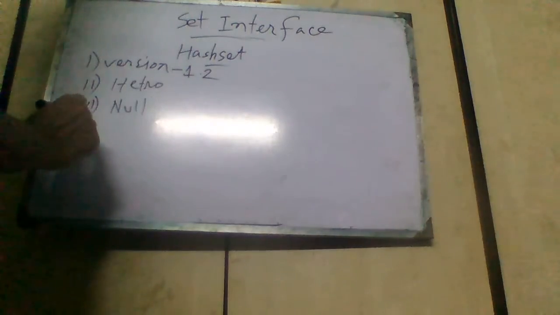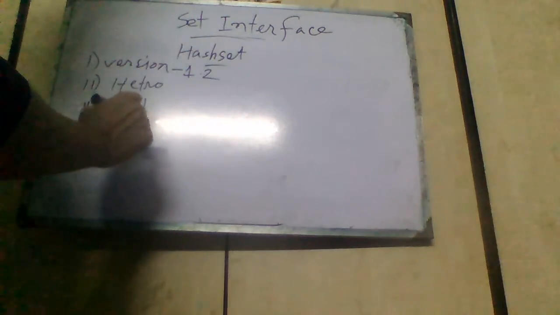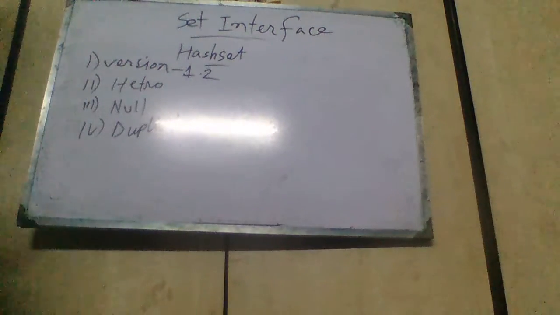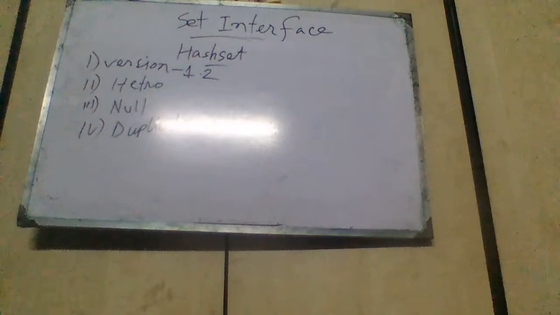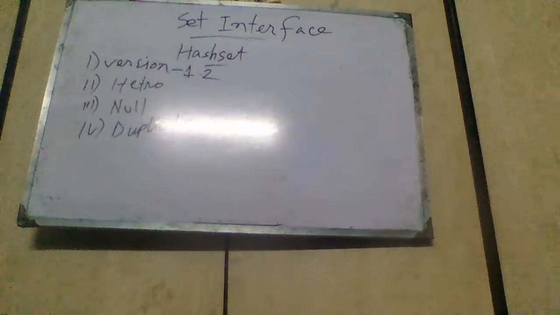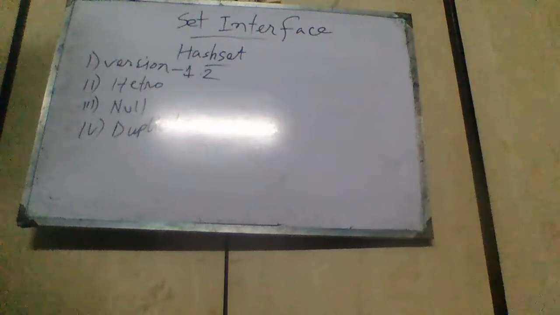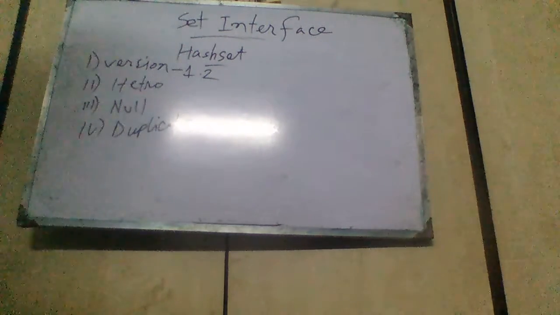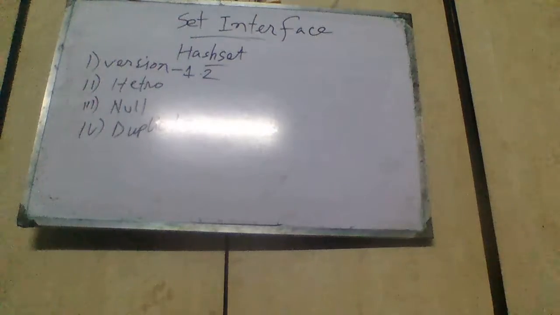Number four is duplicate. You know that the main difference between the List interface and its implemented classes and the Set interface and its implemented classes is that List implementations can store duplicate values, but Set implementations will not be able to store duplicate values, or they will ignore the duplicate value.